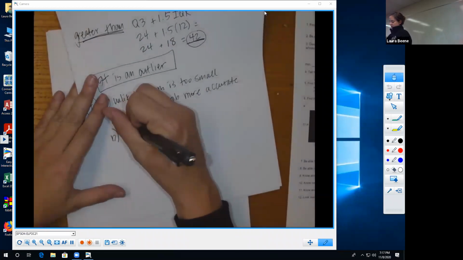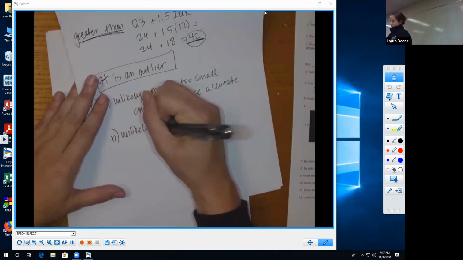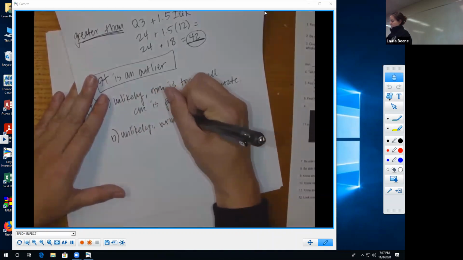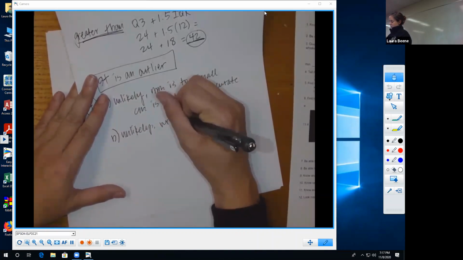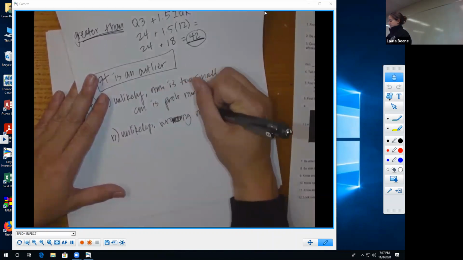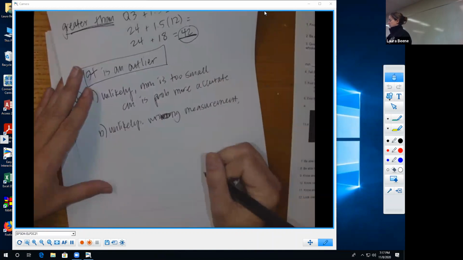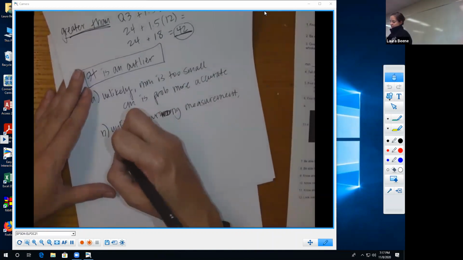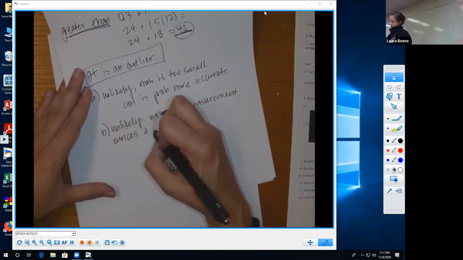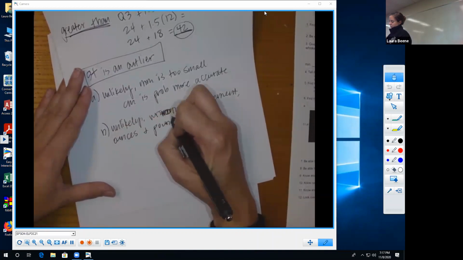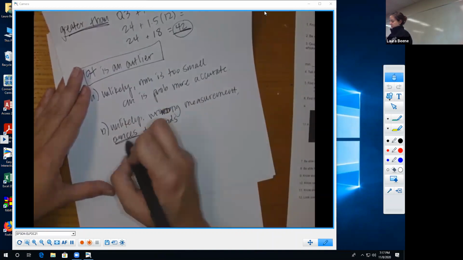So this is an unlikely situation because they're using the wrong measurement. You would measure a football in ounces and pounds. There probably wouldn't even be pounds, it'd probably just be ounces.